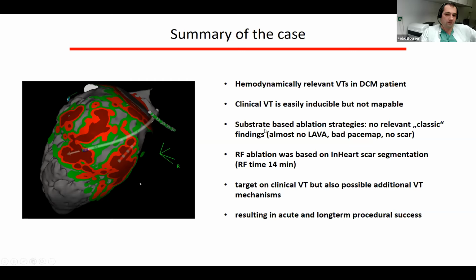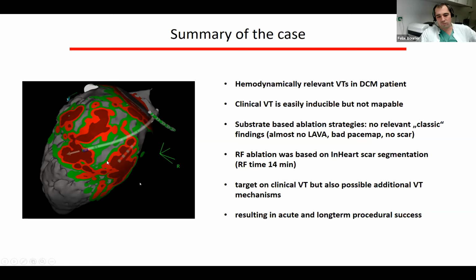Also, the standard substrate-based ablation strategies we are used to didn't present any classic findings like late potentials. Pace map was quite bad, actually. We had no relevant scar in the electroanatomic mapping at all. And finally, we could perform the procedure with a rather low RF time of 40 minutes.